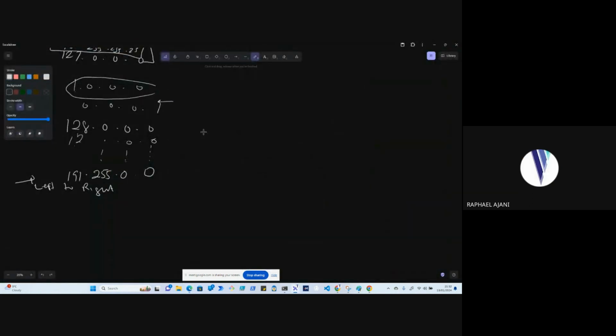Okay, if I don't do the binary, you won't understand it. So the binary for 128 is 1, 0, 0, 0, 0, 0, 0, 0. Make it 8 digits, 1 and then 7 zeros.